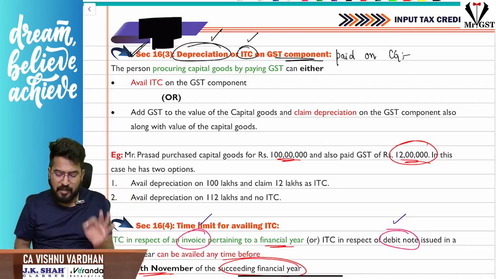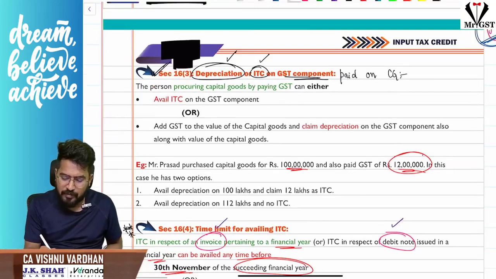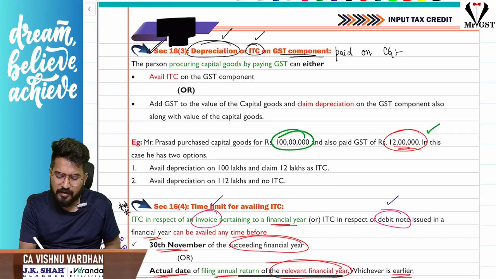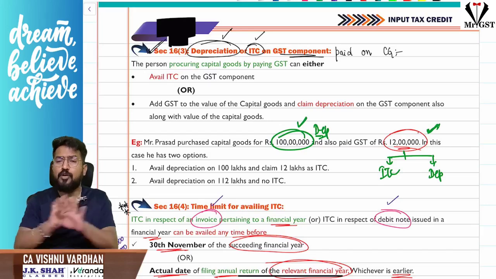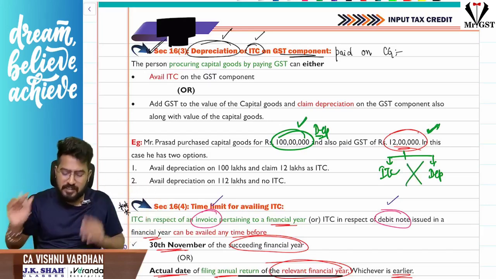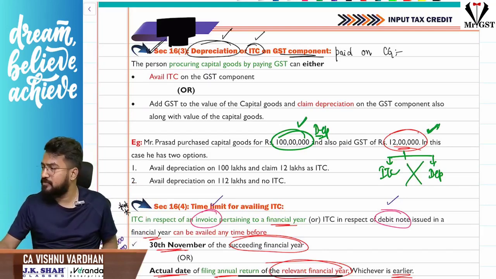So simple, sir, you have purchased 100 lakh worth of capital goods and you have paid GST of 12 lakhs. This 100 lakhs, of course, you capitalize and claim depreciation on, no doubt about that. But on this 12 lakhs, you either take ITC or you claim depreciation, but not both. Both are not possible. Clear? So that is 16 subsection 3, a simple one.